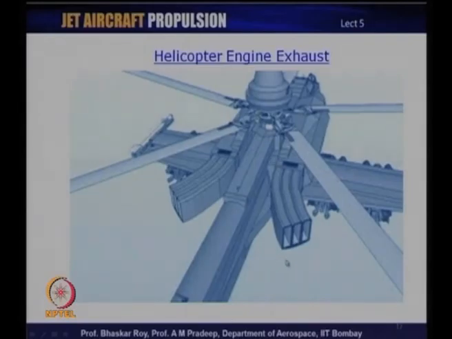You have the exhaust coming out over here without producing any jet thrust, just exhausting the used-up burned gas through various ducting arrangements, so that they do not interfere much with the main operation of the helicopter or the engine. And these are the big rotors that produce the direct thrust for liftoff and for helicopter flight. So, that is how turboshaft engines are mounted on a helicopter, and how they operate to make the helicopter fly.